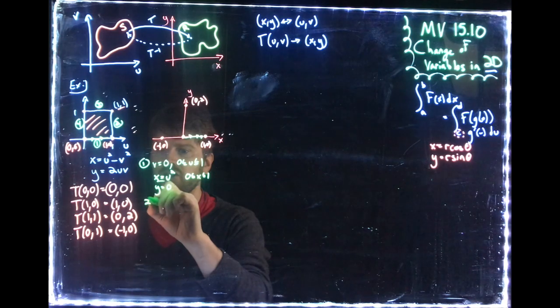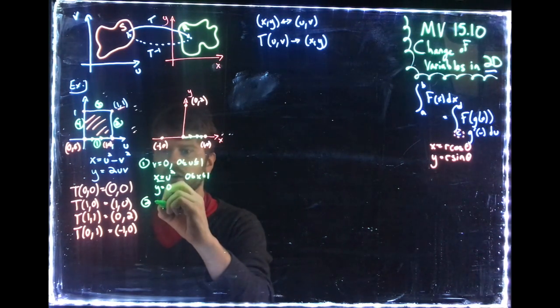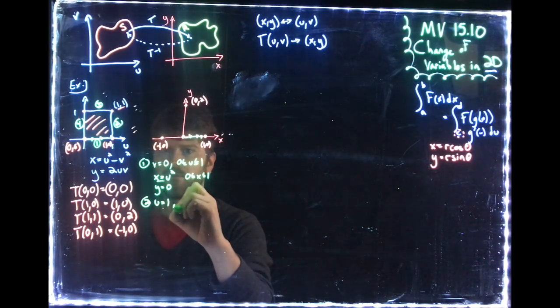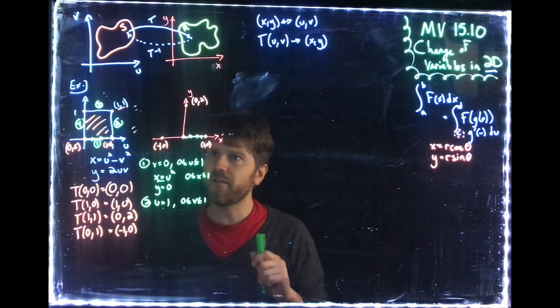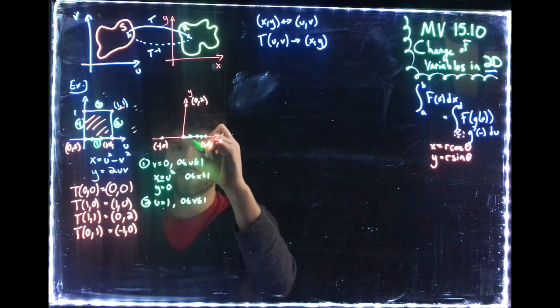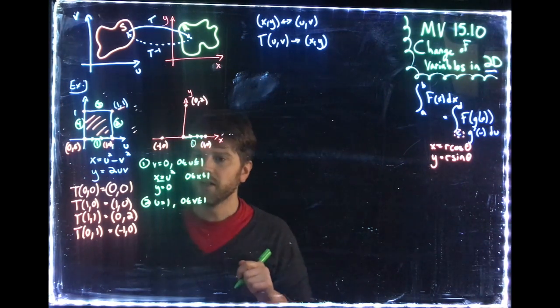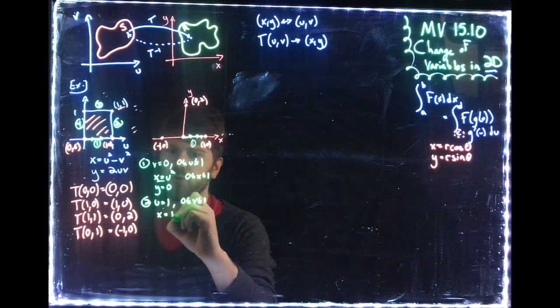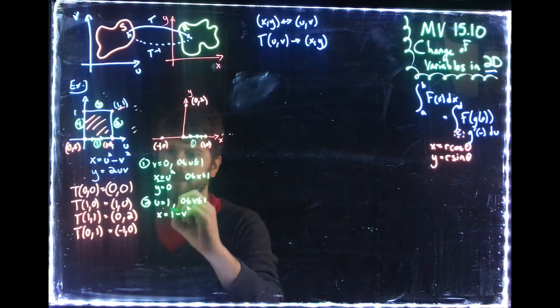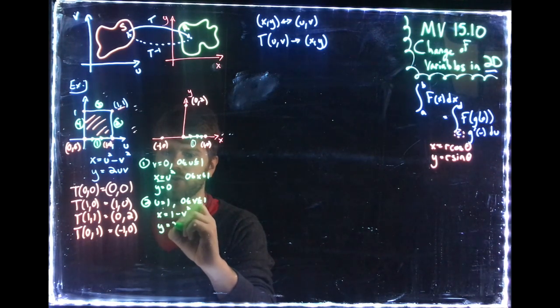If I look at side 2, this is going to be u equals 1 for v between 0 and 1. Now if I look at this side, here's the transformed image of side 1. This ends up with x equals 1 minus v squared, and y equals 2v.